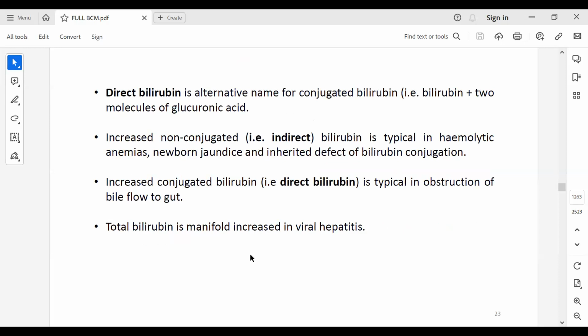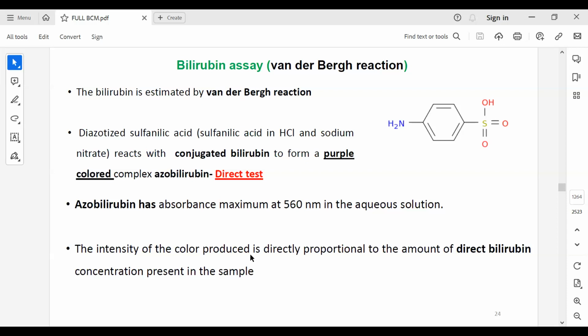Direct bilirubin is the same as conjugated bilirubin, which is conjugated with glucuronic acid, and non-conjugated is the indirect bilirubin. If there's an increase in the indirect bilirubin, which is not conjugated, it's typical in hemolytic anemia or newborn jaundice. Increase of the direct bilirubin is mostly seen if there's any obstruction. And total bilirubin is manifold increased in viral hepatitis.